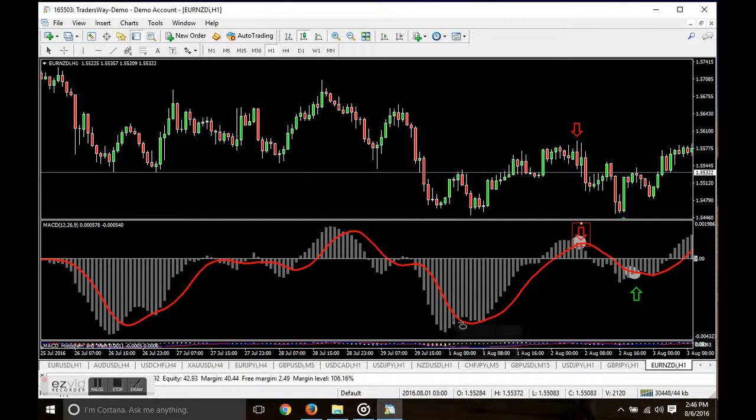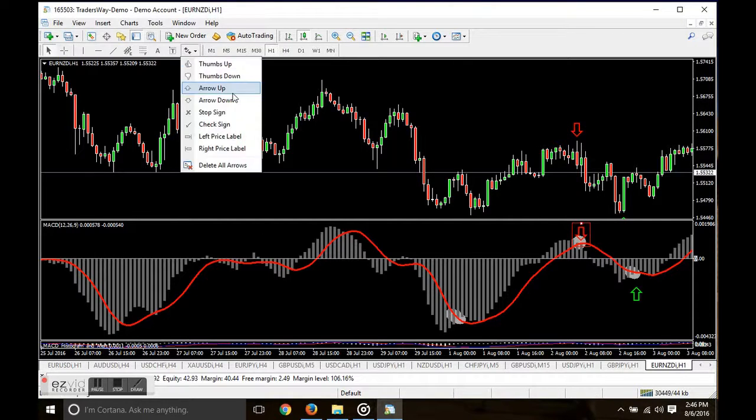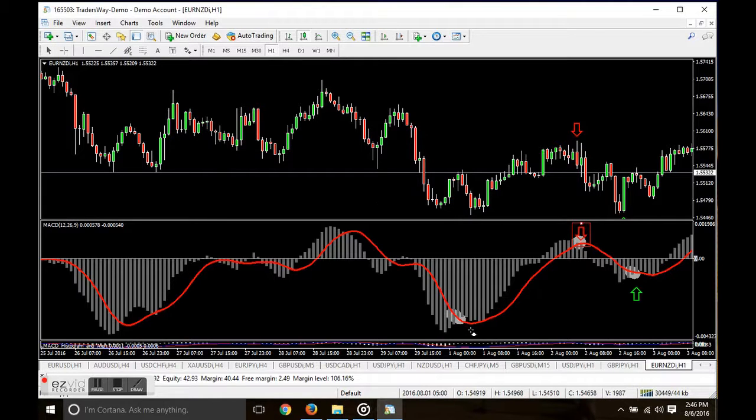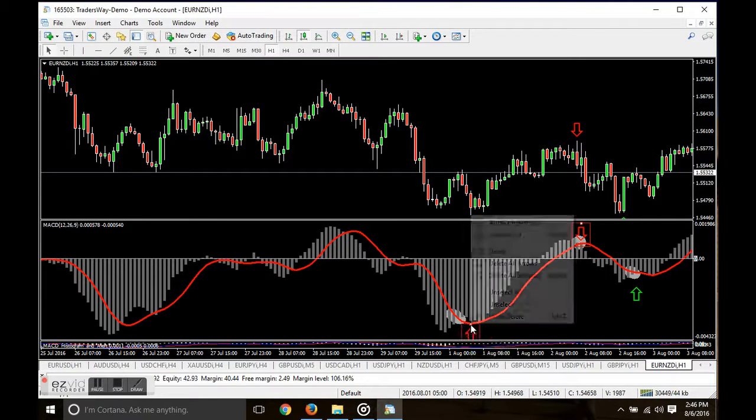Over here, as you can see, I'm going to go ahead and eclipse another area of significance. There, go ahead and make that a little bit bigger. And you put an arrow there.